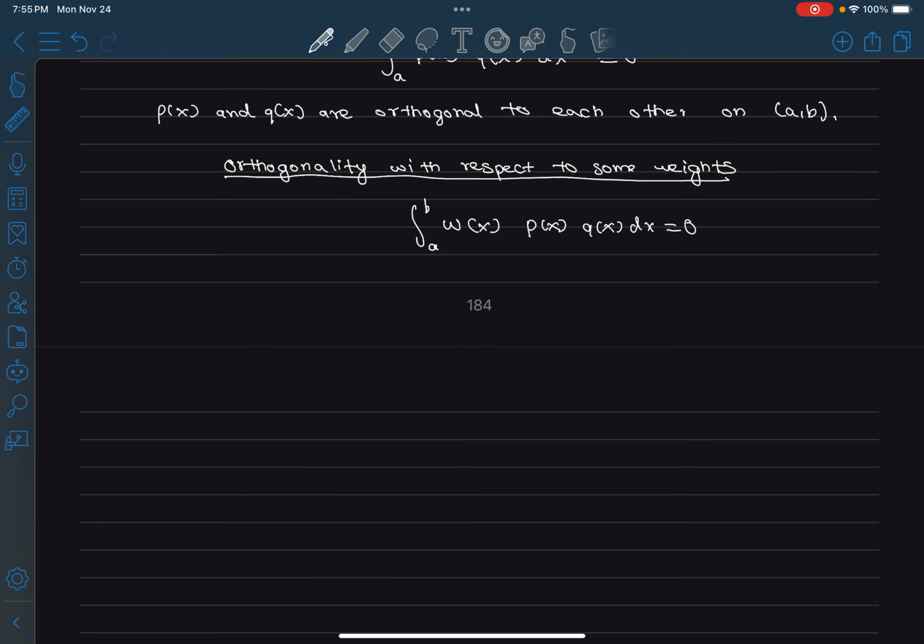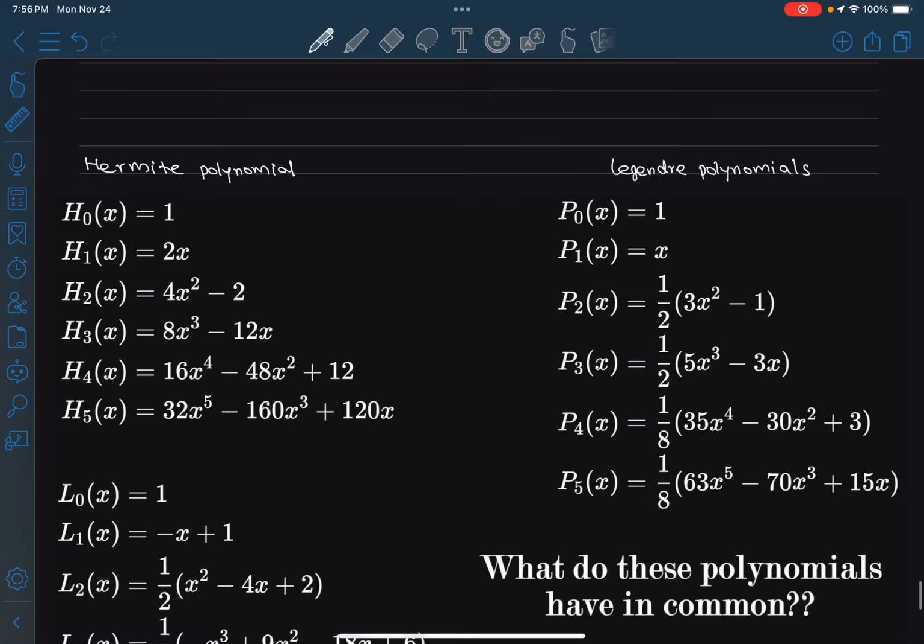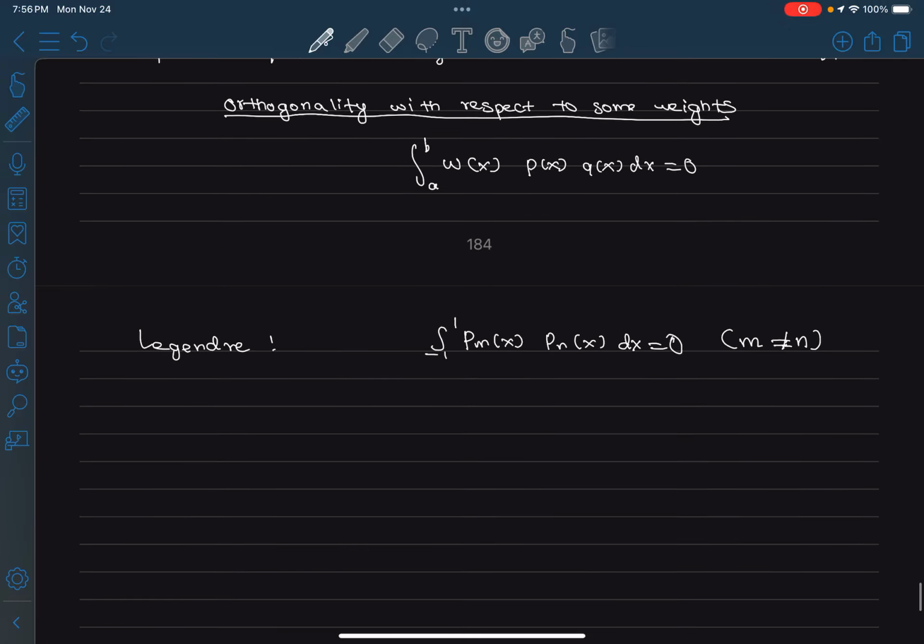So they are not orthogonal to themselves, but they are orthogonal to each other. If you take the same thing, you actually get the magnitude squared, just like in vectors, where the dot product of a vector with itself gives the magnitude squared. Over here also, if you take, say, P1 and P1, you just get the magnitude of P1 squared.